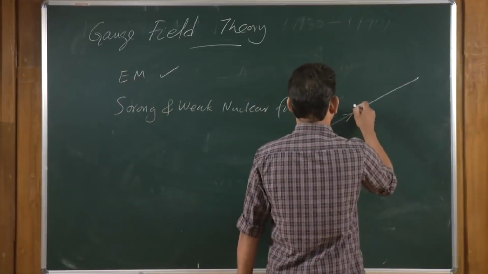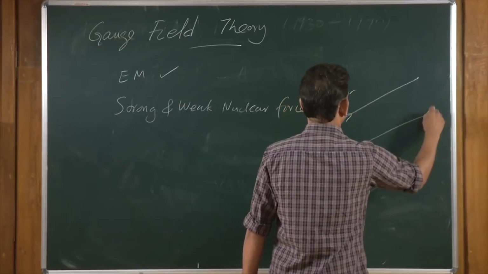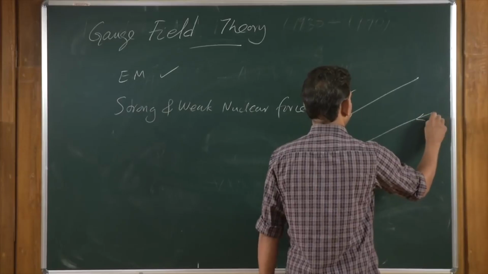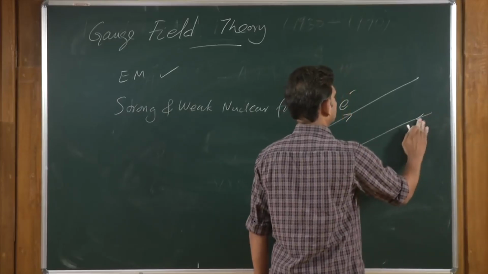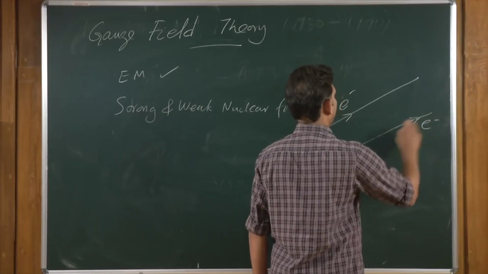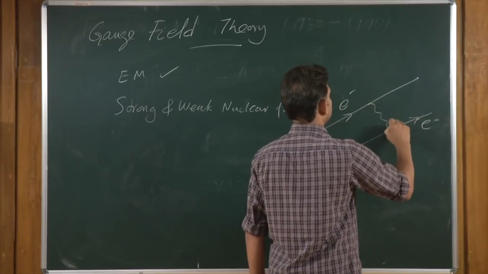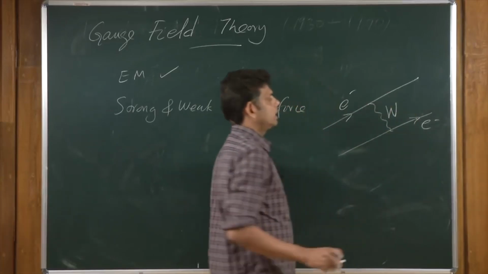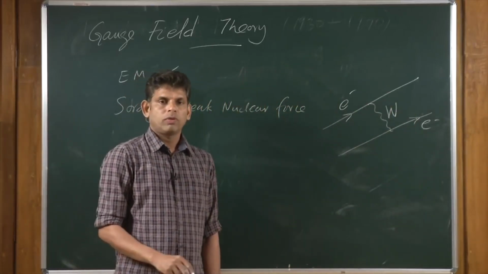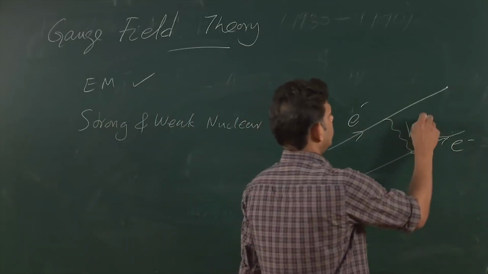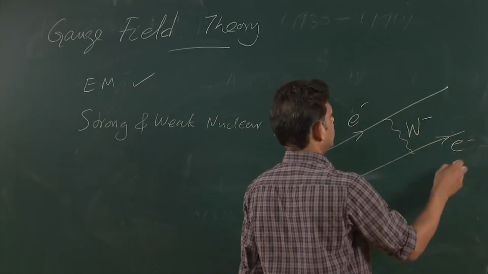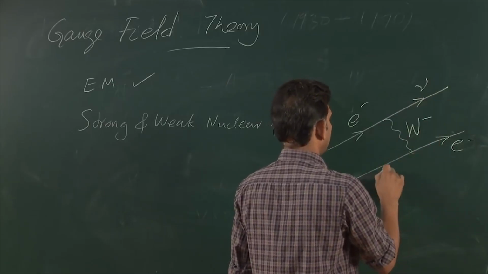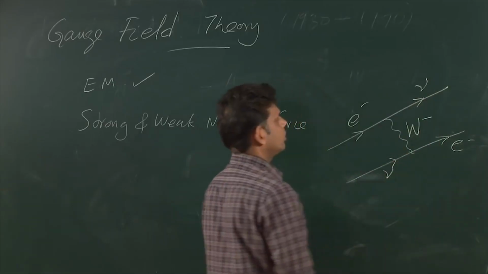So, for example, electron and electron can interact, so let us take electrons, through the exchange of what is called a weak boson, which is similar to the photon. The details we will come to later. Okay. So, this is how it goes.